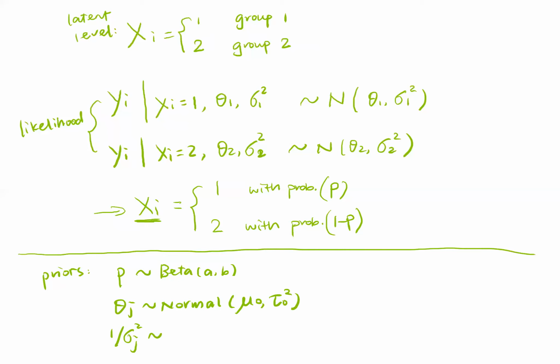Oh, sorry, the inverse of the variance. They put a gamma. Right. And then they tell you what the values are for all of this. So I was just trying to say that this is the setup.